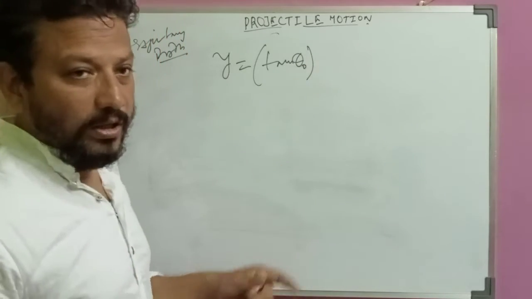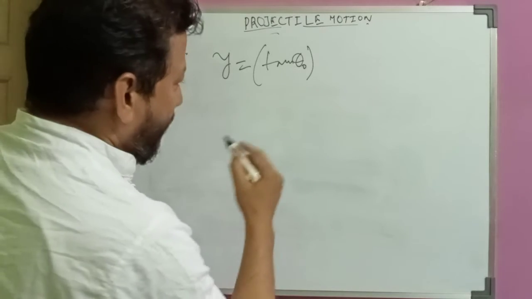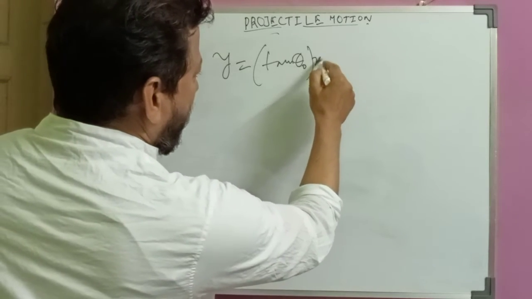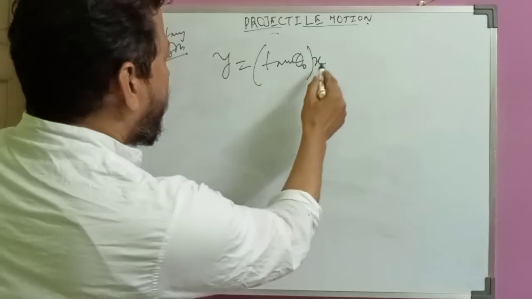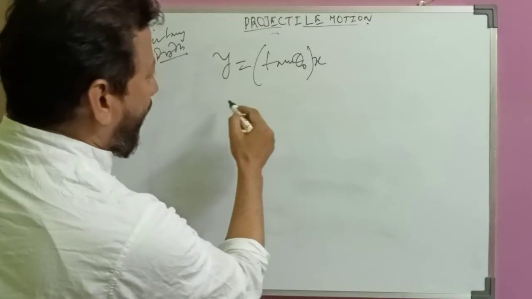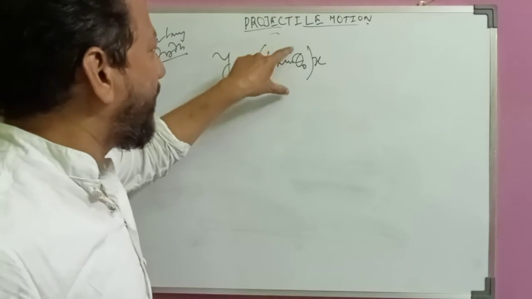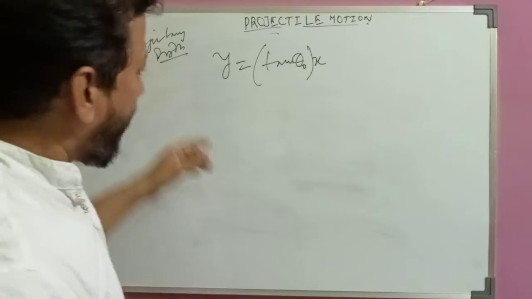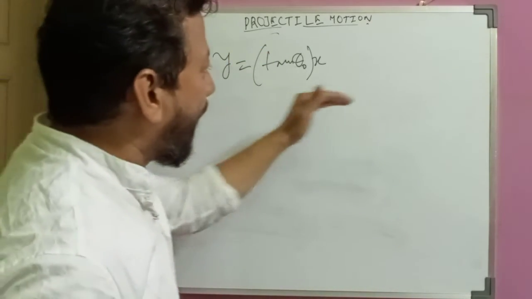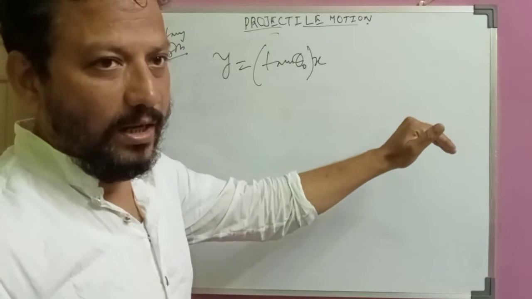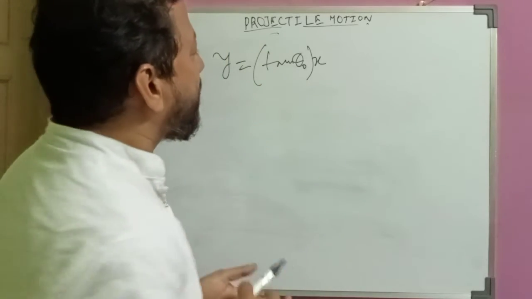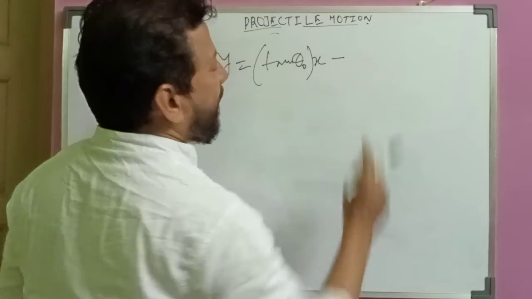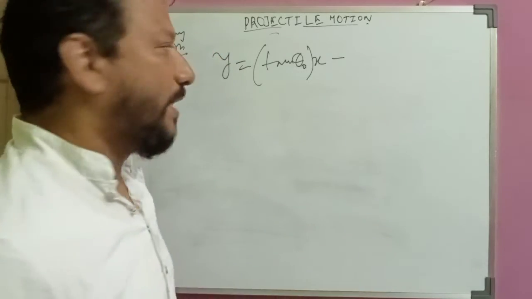Tan theta in this case will be x or y, whatever it may be; sine by cos will automatically come as tan theta. Now, as I told you, it is a negative part. The acceleration is negative here, so we place a negative. This is the handy formula.